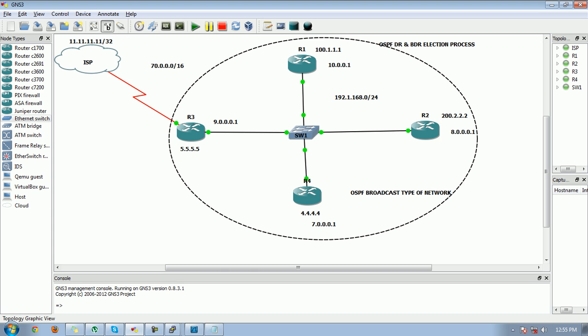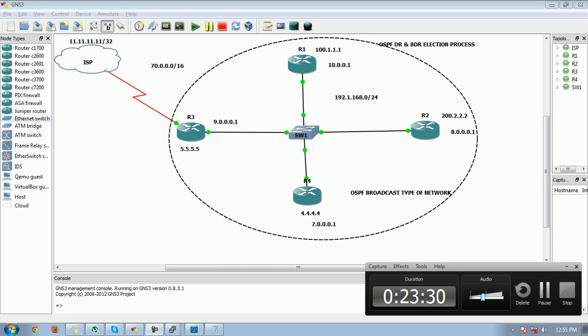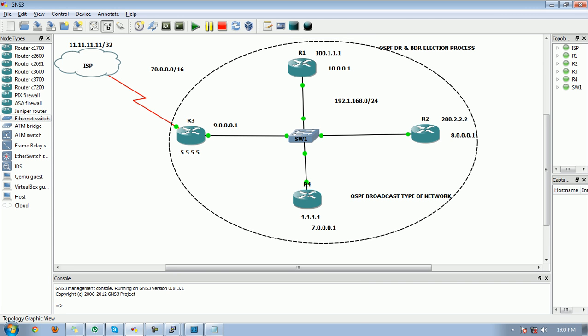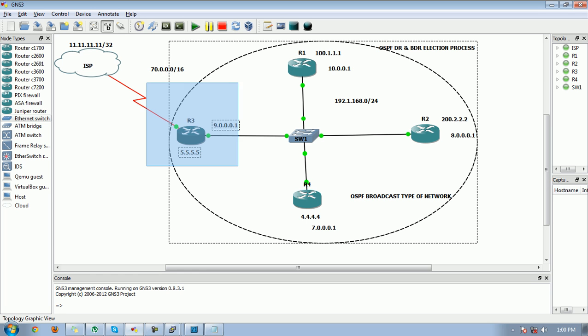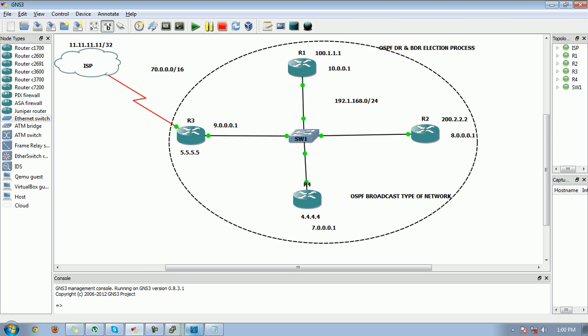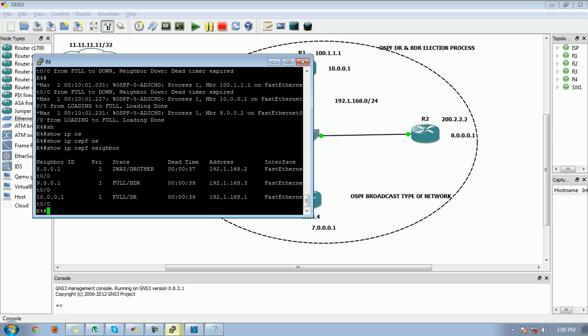Shall we try that? So what we'll do, we'll make R4 as DR and R2 as BDR by setting the higher priority, and will not let these guys become DR and BDR in any case. Shall we do that? First we'll go to R4.